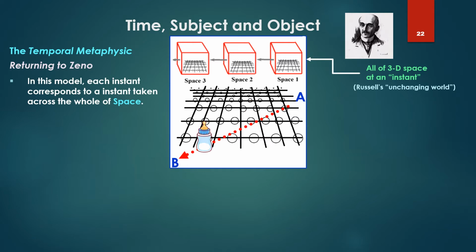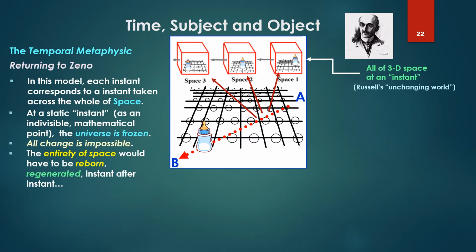As I move the bottle from point A to point B across the continuum, each position that this indivisible motion is supposedly corresponding to also corresponds to an instant of time, and therefore to an instant of all of space. A block of space, shall we say, taken at a most instantaneous extent of time.